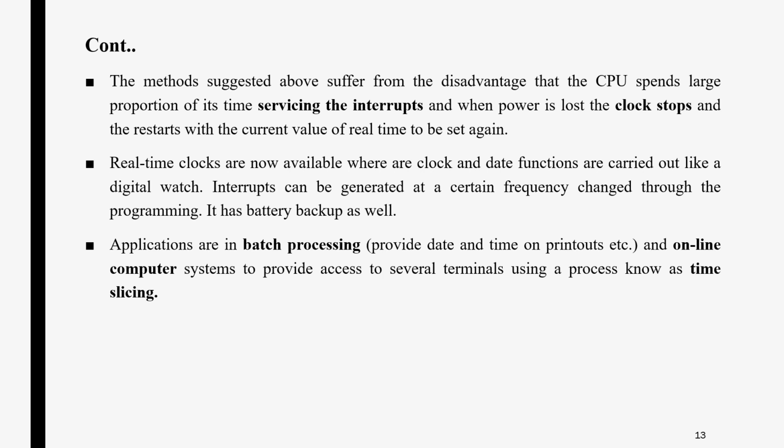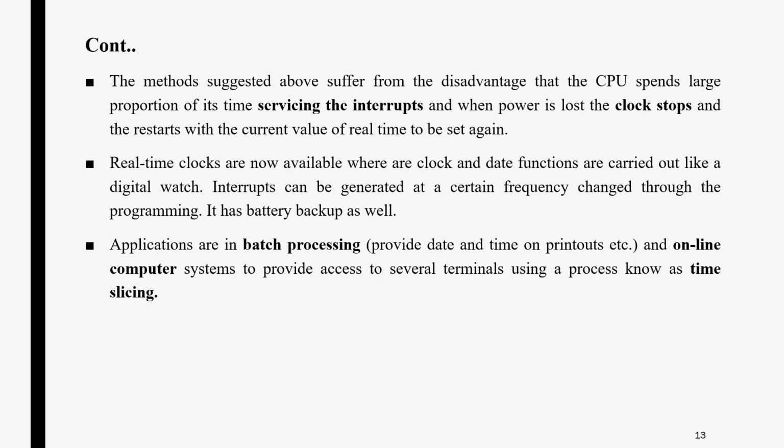Okay, so the method suggested above suffers from the disadvantage that the CPU spends a larger proportion of its time in service. Also, if power is lost, the clock stops, and on restarting the current value of the real time has to be set again.